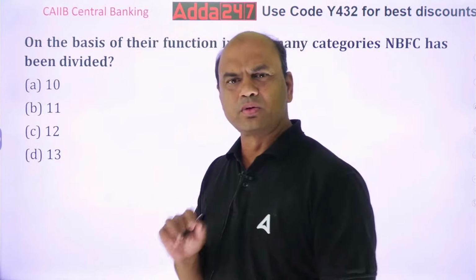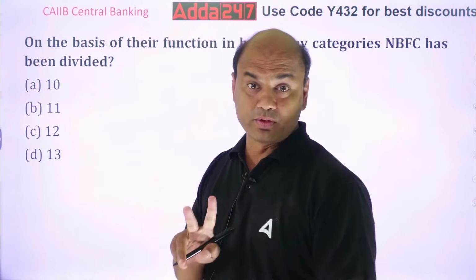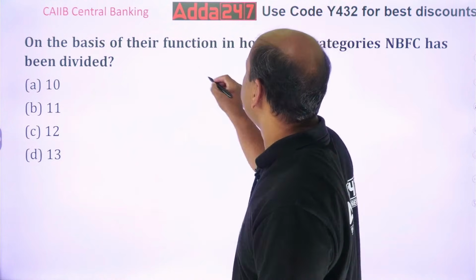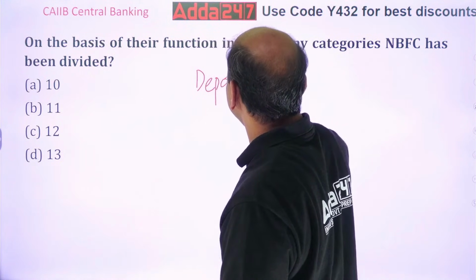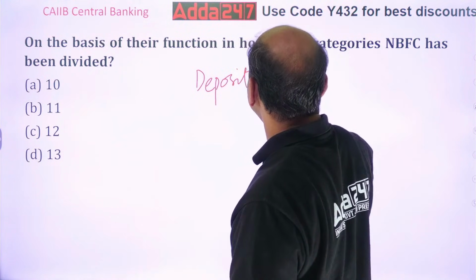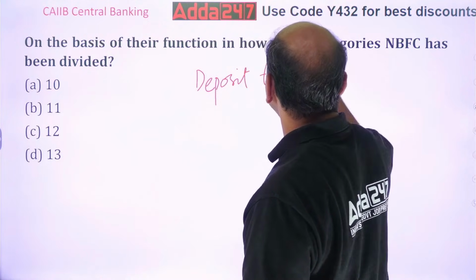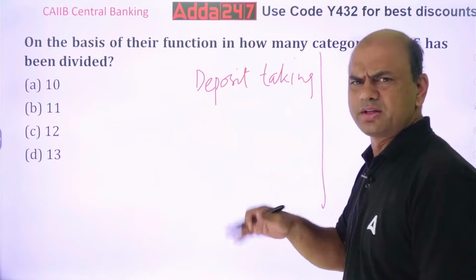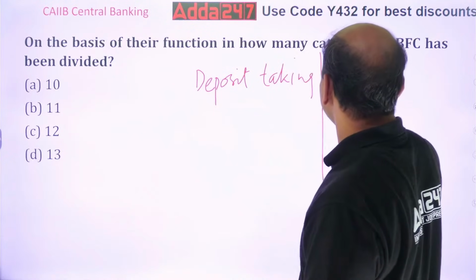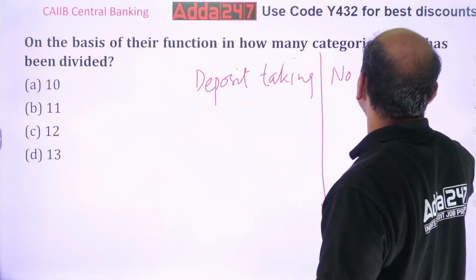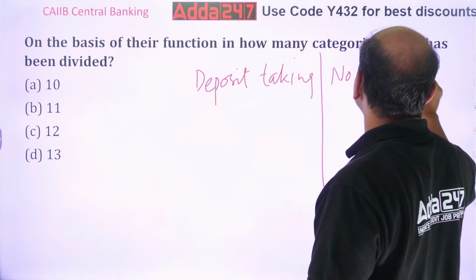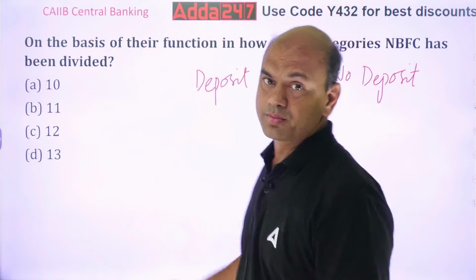The NBFCs we generally know are two only. Mainly we know two. Deposit taking, this is one. And the second one is non-deposit taking, they don't take deposits. These are the two main types of NBFCs.